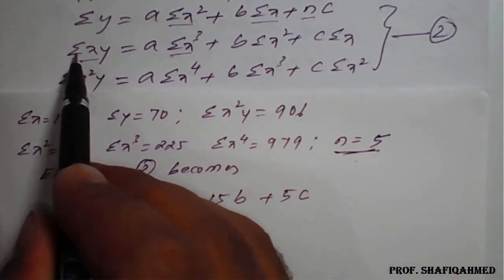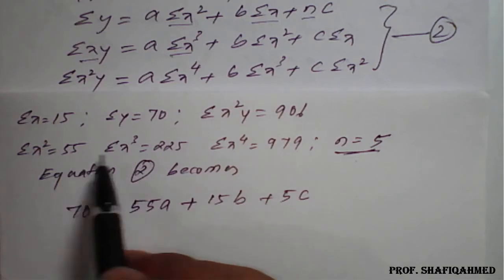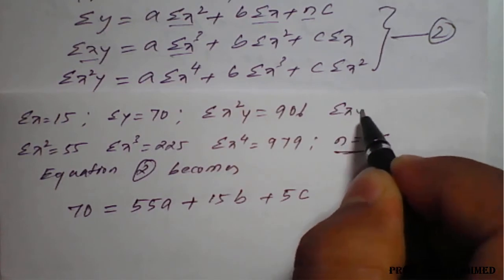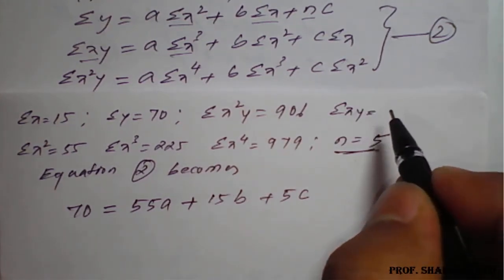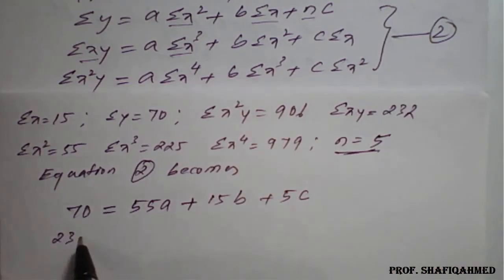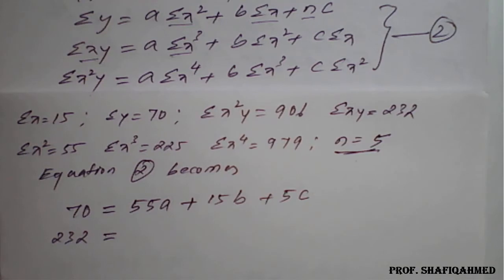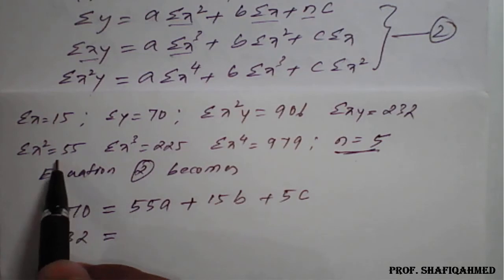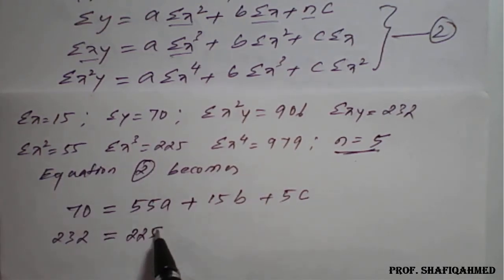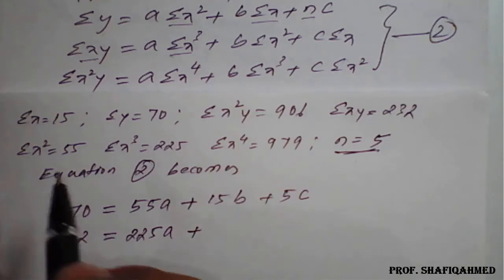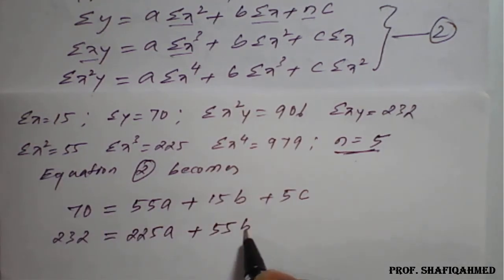Next, the second equation, summation xy. Summation of xy is 232, equal to a into summation of x cube, which is 225, so 225a, plus the next term, b into summation of x square, which is 55, so 55b.